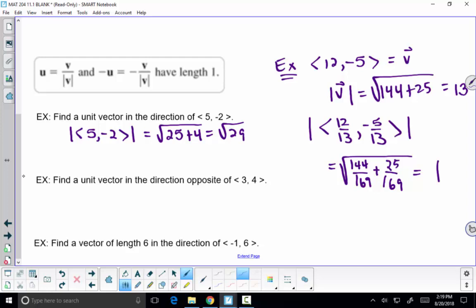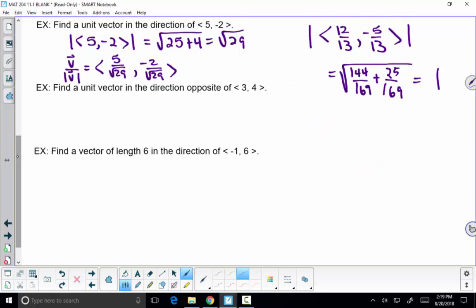And then the unit vector, I'll just write it as v divided by the length of v. That is going to be the vector 5 divided by the square root of 29, comma, -2 divided by the square root of 29. That is our unit vector. That's the unit vector that we're looking for, right there.